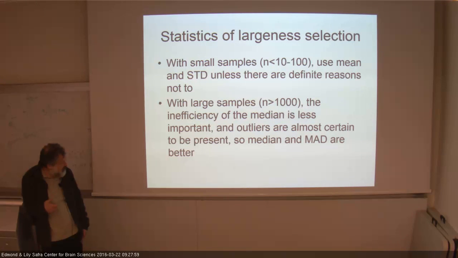On the other hand, you will almost certainly have outliers. Large data sets tend to be dirty, so there will be points that are outliers. So if you don't look at the data and you just have to summarize them fast by single numbers, medians and MAD are better.